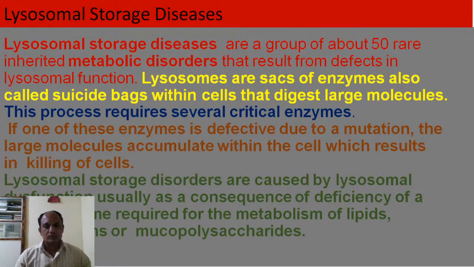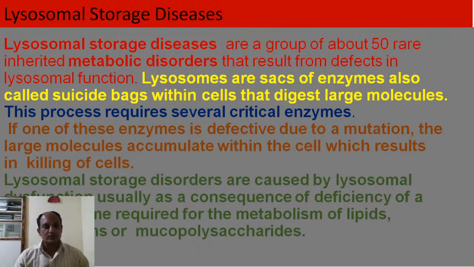The digestion of larger molecules is carried out by enzymes present in the lysosomes, and there are many enzymes involved in this digestion process. But if one of these enzymes is defective due to a mutation of the gene responsible for the formation of that particular enzyme, then these larger molecules cannot be digested.